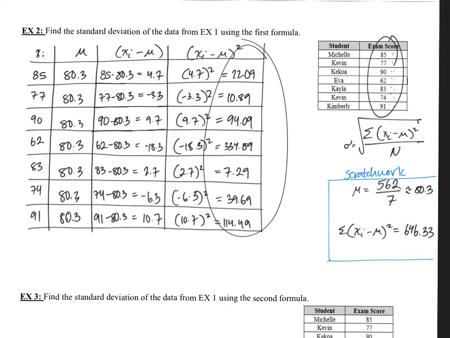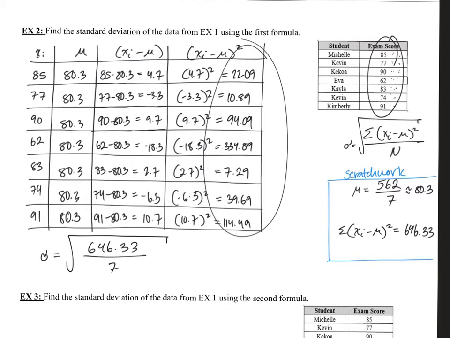Okay, so for the standard deviation by the formula, standard deviation is going to equal the square root of the sum, which was 646.33, divided by N. N is our sample size, so population size. 1, 2, 3, 4, 5, 6, 7.